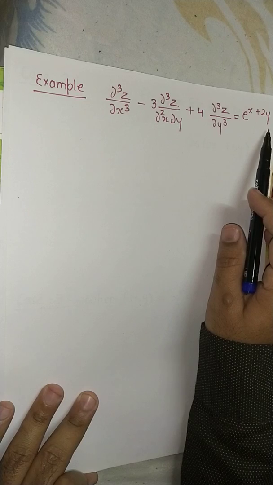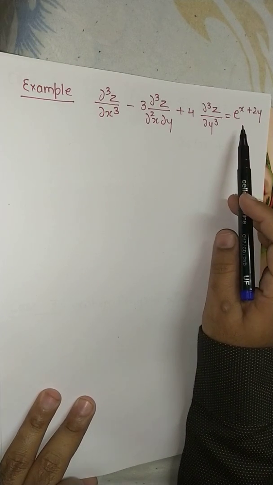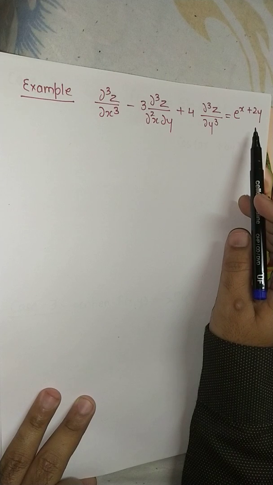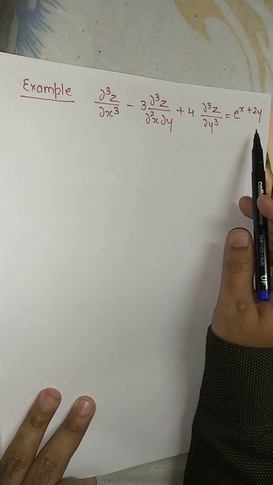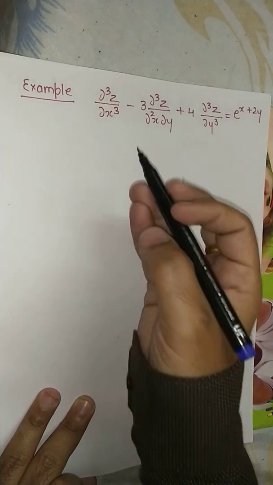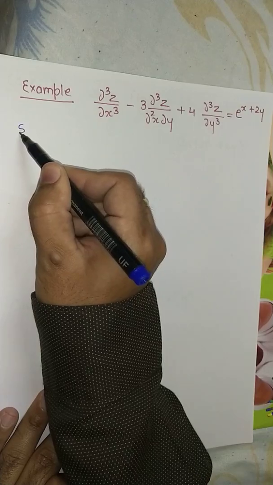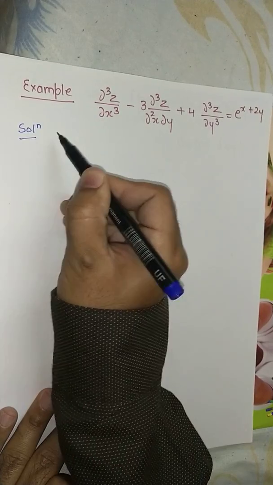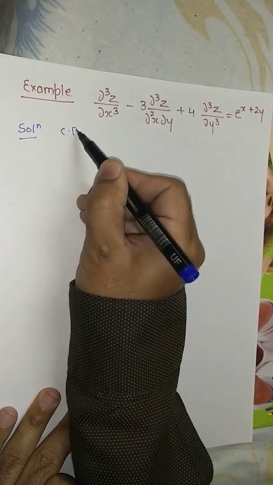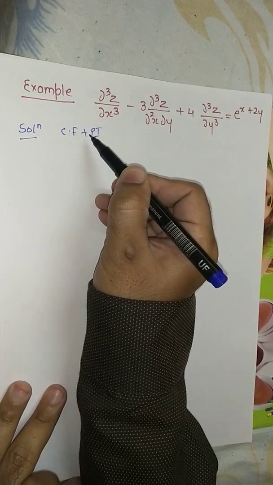We see the right hand side of the equation is of the type e to the power ax plus by. So this is case 1. To find the solution, we need to find the complementary function plus the PI. So let us find the complementary function first.